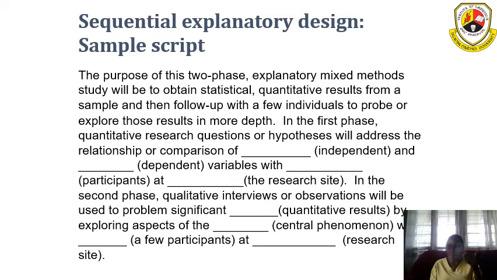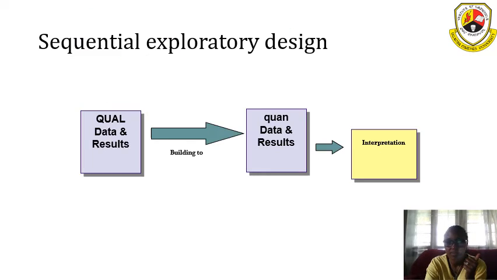For some of you, especially the articles which were very precise, they had a small section which talked about research design, and in that they took time to explain their research design, why they took a particular approach, why they selected a particular research method, and how they implemented that research method. That is typically the sample script that one uses. So you can go through it and get an idea of what a researcher would write.